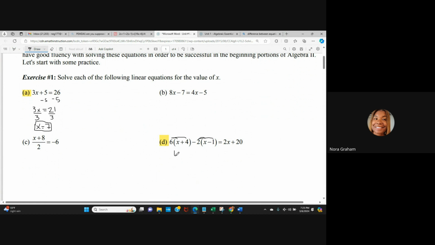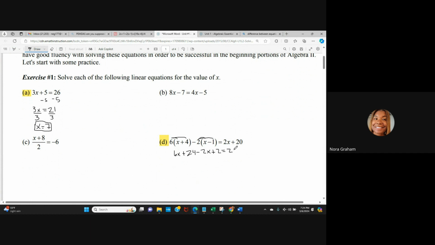So distributing property, I get 6x plus 24. And again, I'm distributing that -2 through, so minus 2x. Negative times a negative equals a positive, so that's plus 2. And then the right side comes along for the ride.